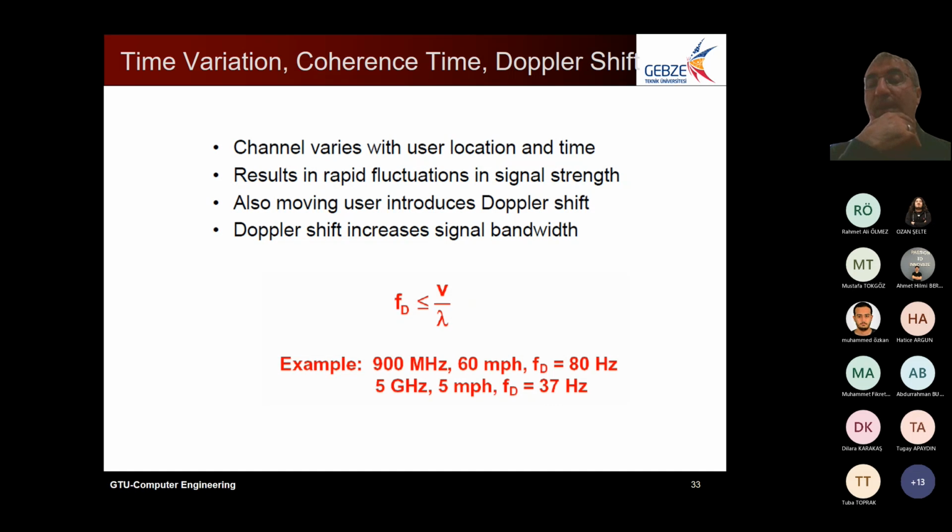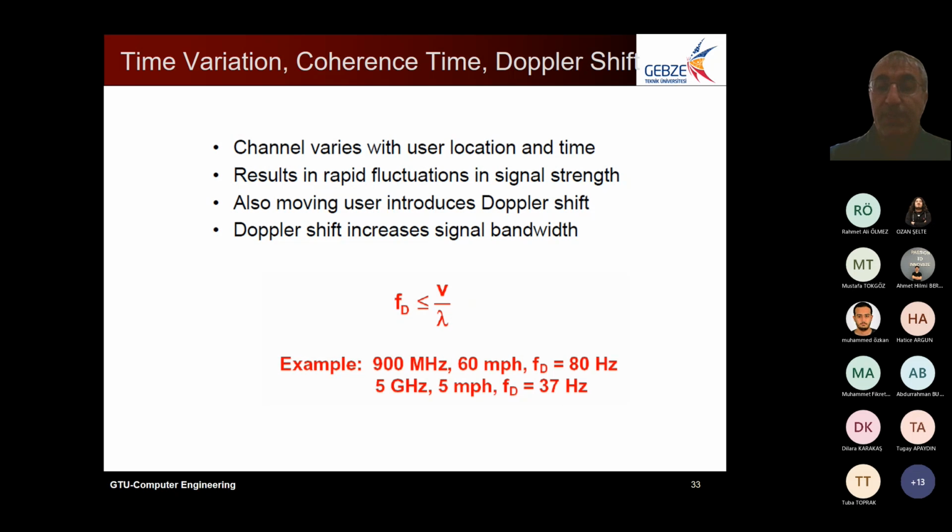So what is the amount that is increased because of the Doppler shift? We calculate it based on the following equation. This is the equation for the Doppler shift, which is equal to the speed v over the signal wavelength, lambda. Let's give an example.